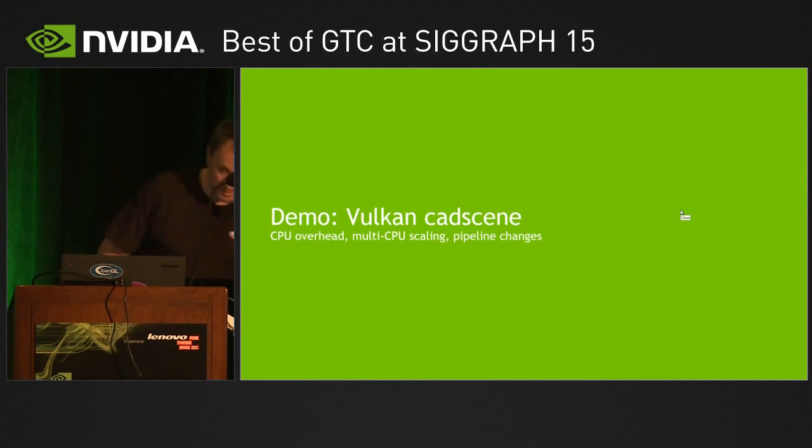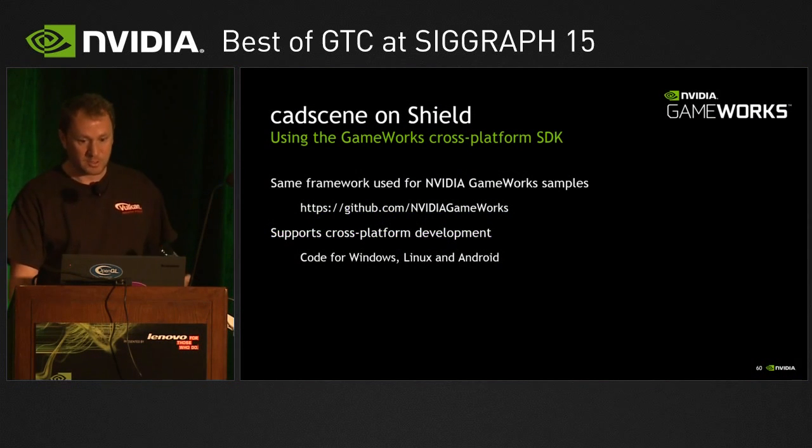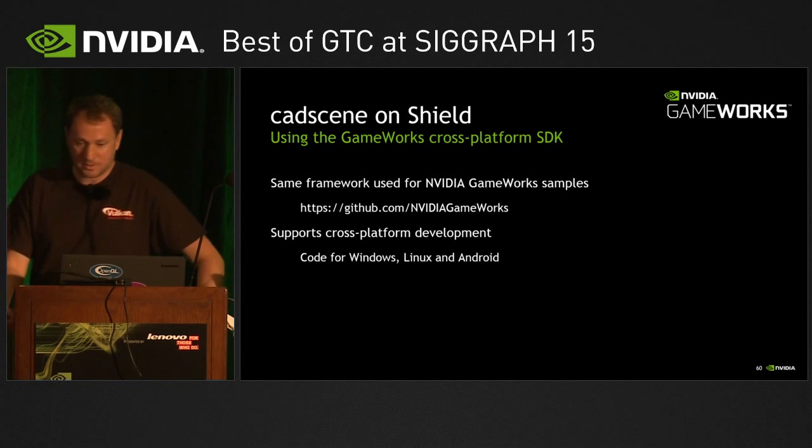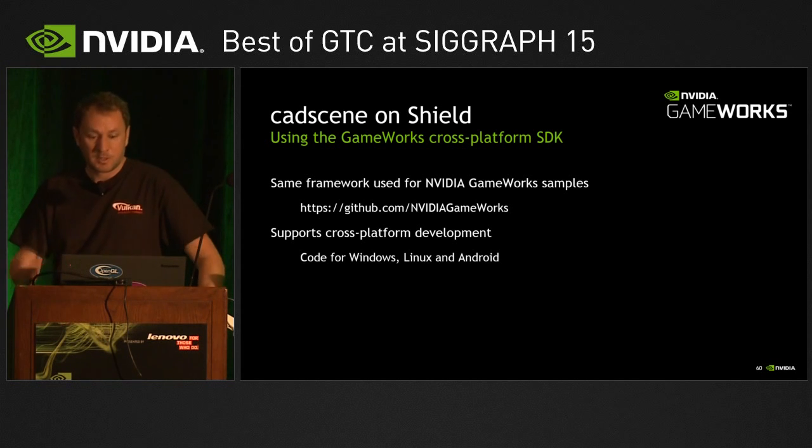All right. And now I'm going to show you Vulkan running on our Shield. So I have this same application running on Shield as well. And we ported it to Shield by using our GameWorks cross-platform SDK. So this is something that you can see samples for on the web right now for GL and stuff.